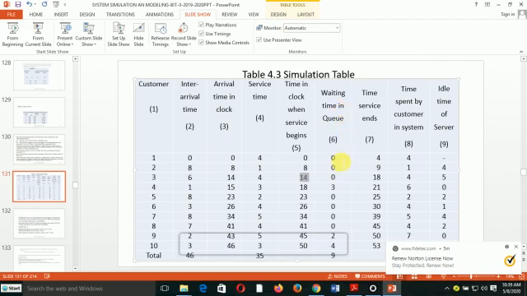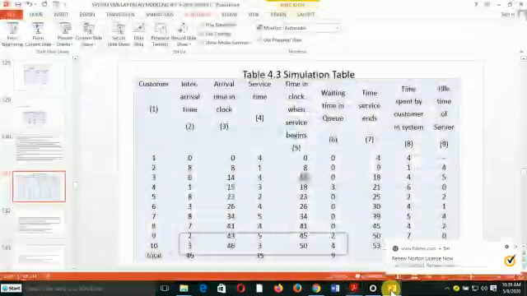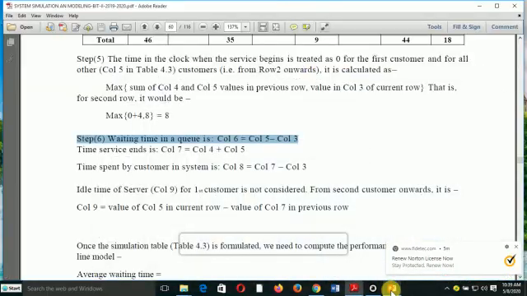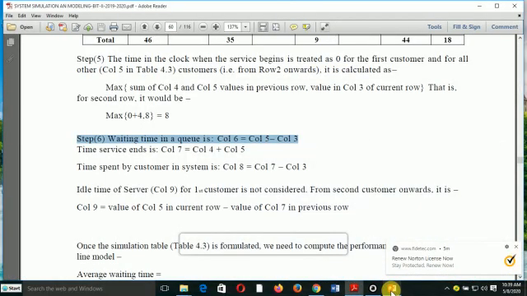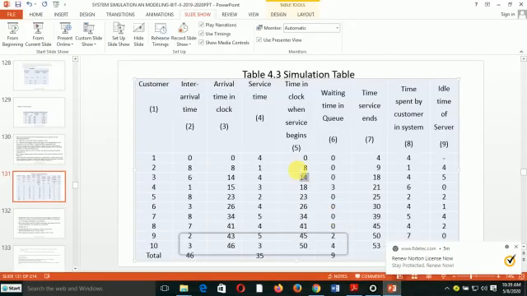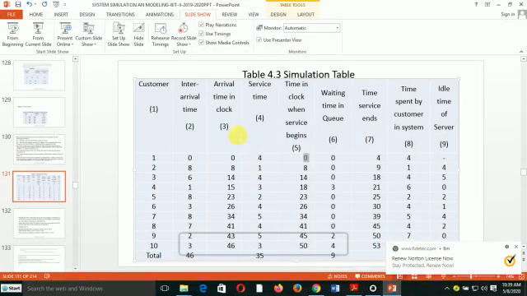So column 6 is waiting time in a queue, and it will be equal to column 5, the time on the clock when the service begins, which means the time when he left the queue, minus column 3, the arrival time.